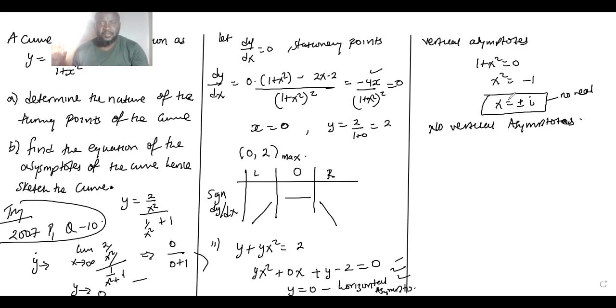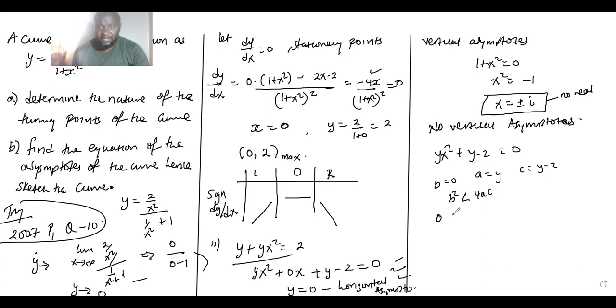The other option, all this I've done is I've used the longer method. The other option would have used this very equation and said yx squared plus y minus 2 is 0. Remember now here b is 0, a is y, c is y minus 2. So you would get from b squared, for the region where the curve does not pass, b squared is less than 4ac.